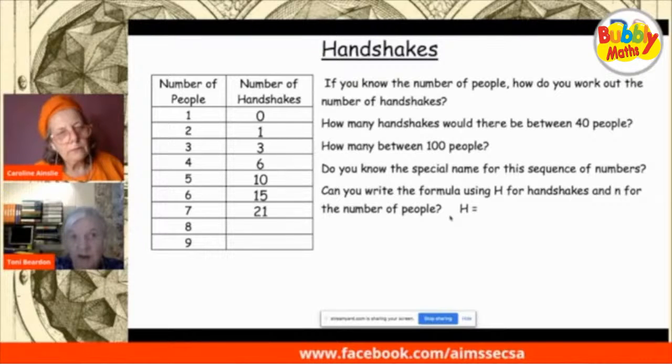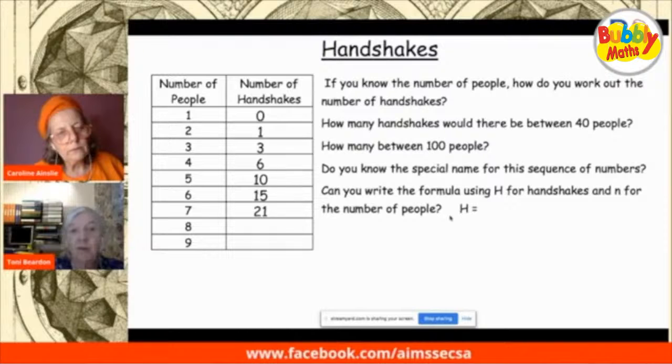So what you have is a sequence of triangles, and we call them triangle numbers. And that's what the children in Bagamoyo discovered. They discovered this sequence of triangle numbers.